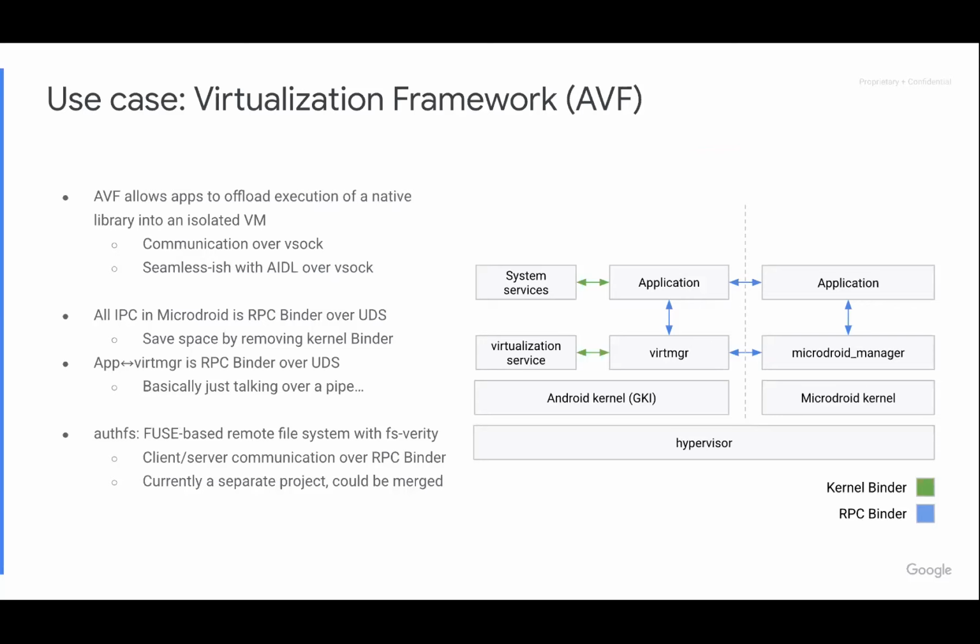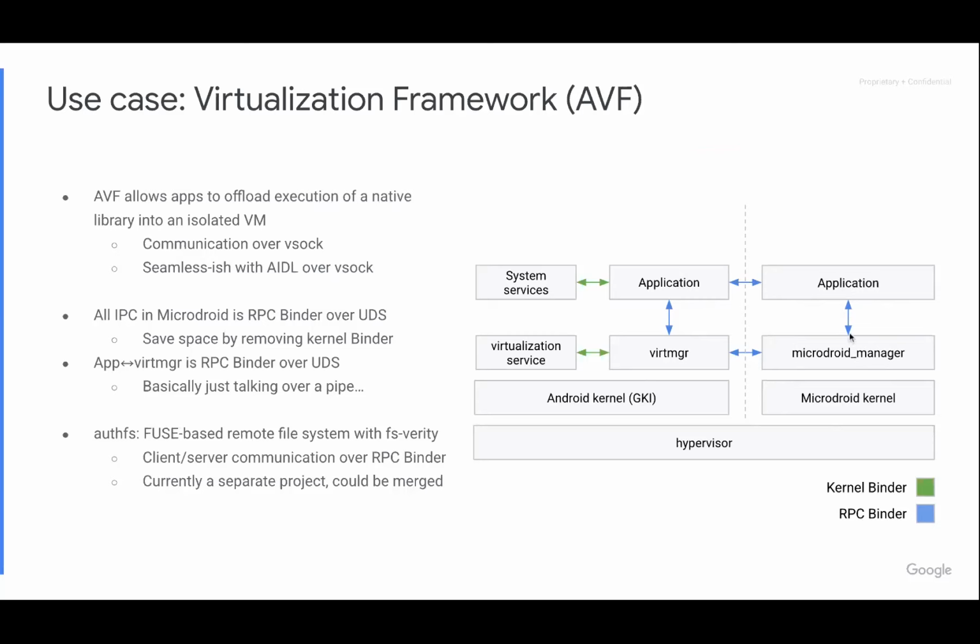So where we are today is that the application-to-application communication is RPC Binder. We also have the virtualization manager talking to microdroid manager over RPC Binder. We've gone further than that. The application inside the VM, when it's talking to the microdroid manager for the services available inside the VM, is not actually using kernel binder as it could.